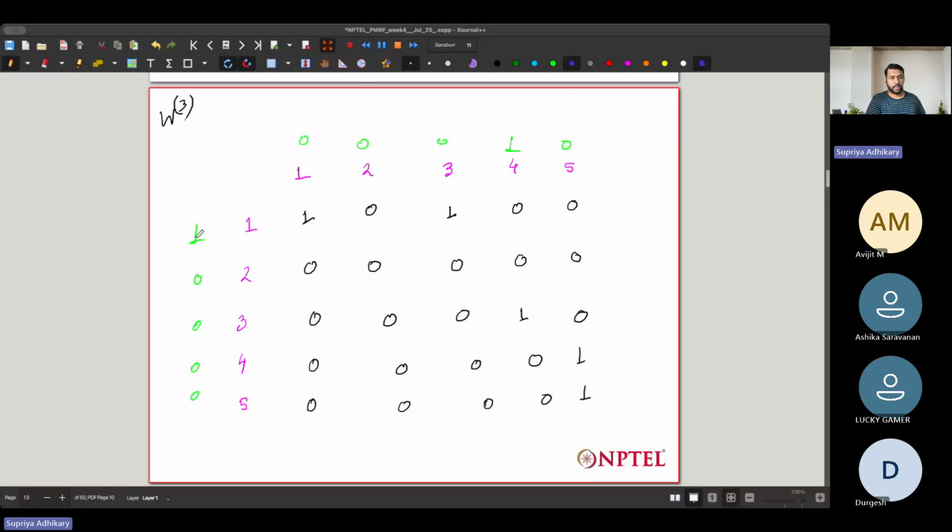Now as you can see, this one and this one meet up, so we can update this as one. This is the first update. Is there any other update? No, because all the rest of the rows are zero, so there will be no update over here. So this is our W3.